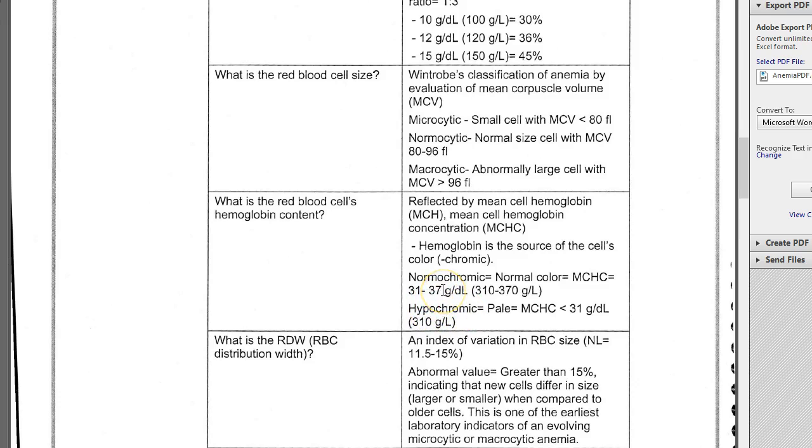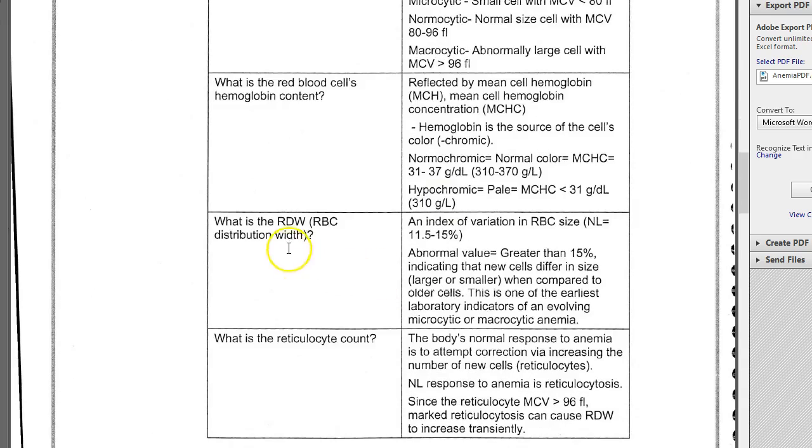So next thing we move on to, we want to look at your RDW, which is the RBC distribution width. It reflects the degree of variation in red blood cell size.